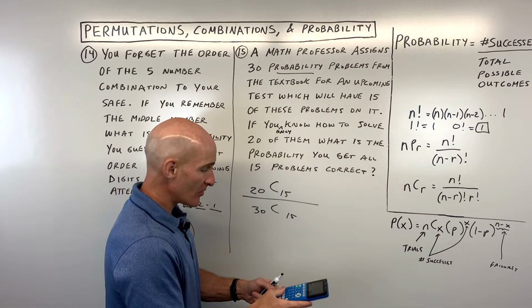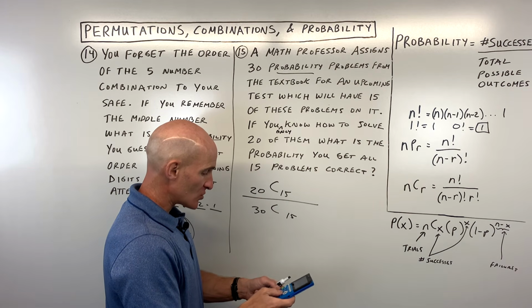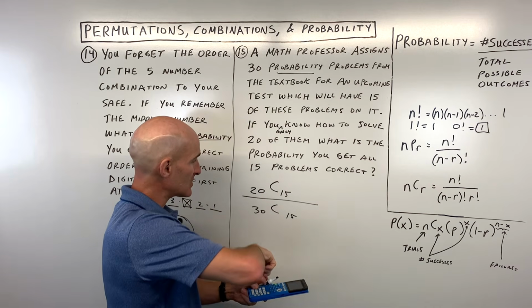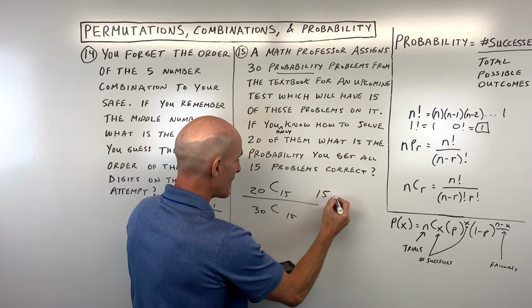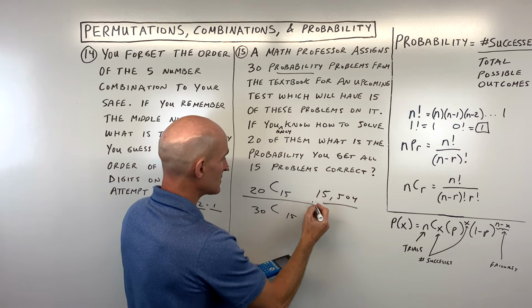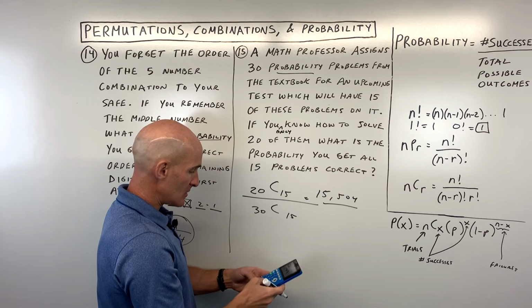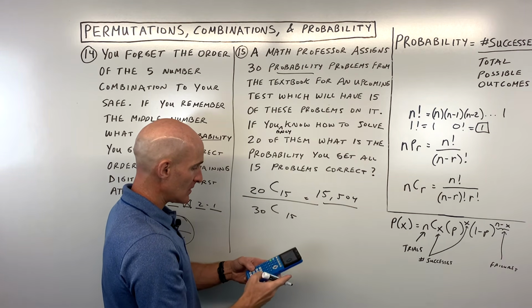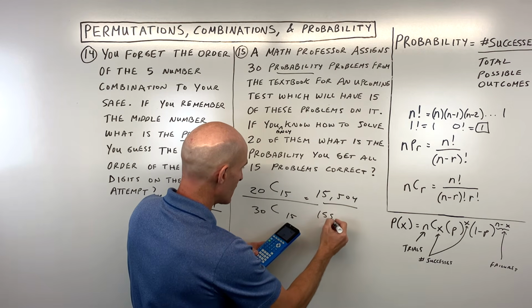Let's do this on the calculator. Let's see what we got here. So 20 combination 15. Okay, so this is like 15,504 ways. And 30 combination 15 is a big number.